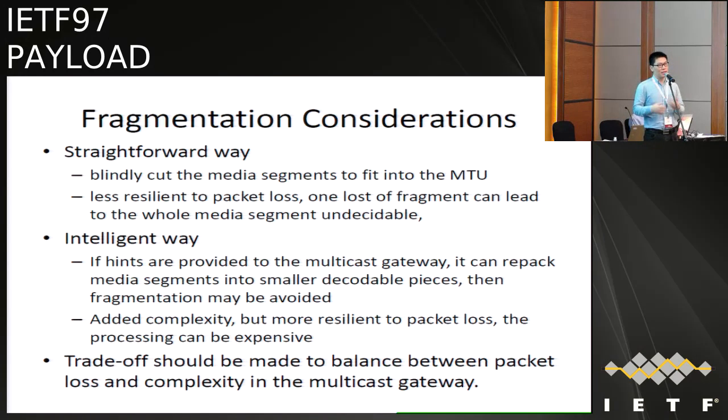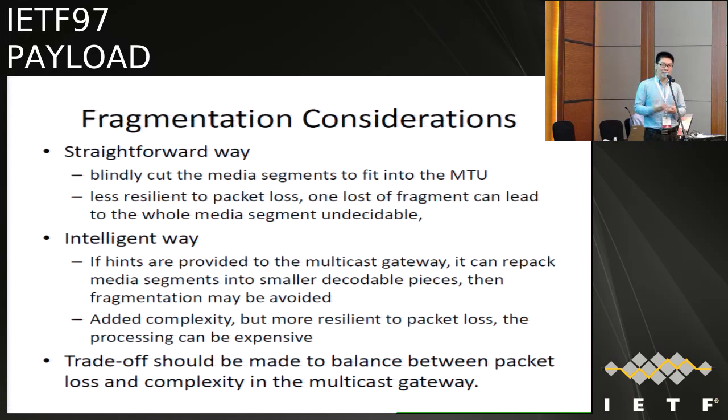There are several ways to do it. If the media format in the segment is very simple, maybe with a fixed length, we can cut it by offset. So it's a quite simple operation. Or the media presentation, the manifest files, can provide some hints on where the next point is.